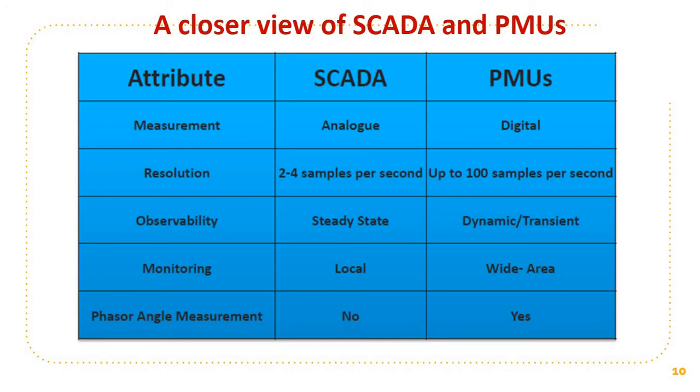With SCADA we can do only local monitoring, whereas by using PMUs we can have wide area monitoring, which we will see with WAMS. In SCADA we don't measure the phase angle, whereas in PMUs we get the phase angle measurement also.